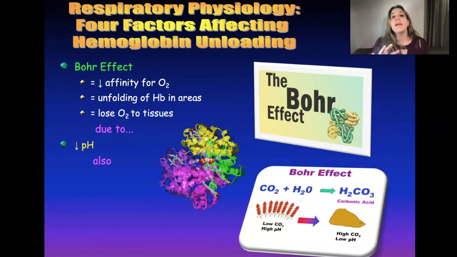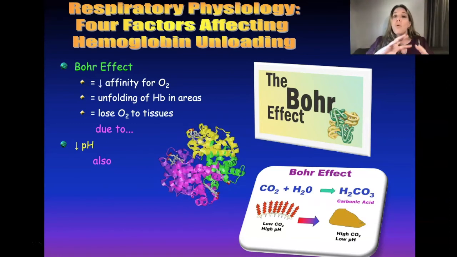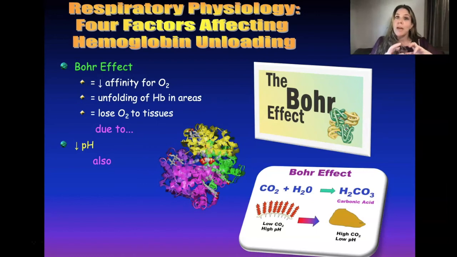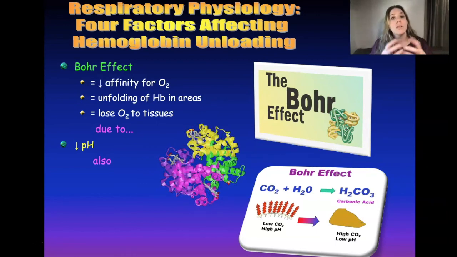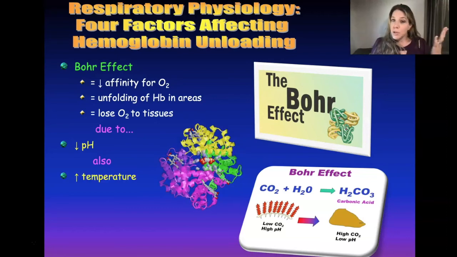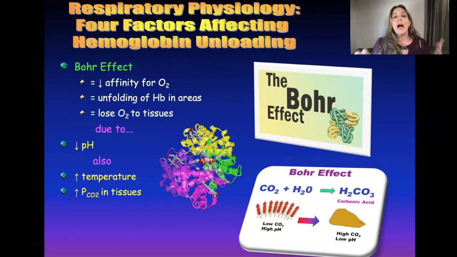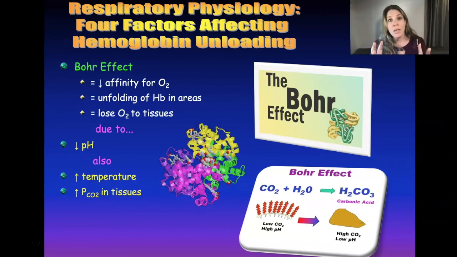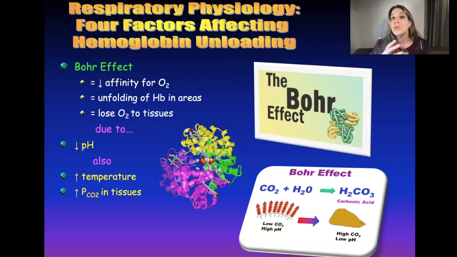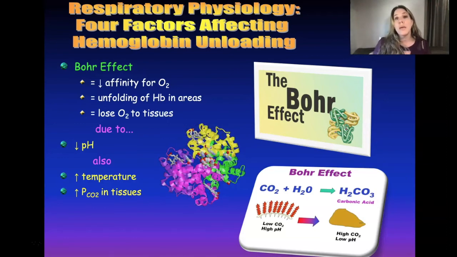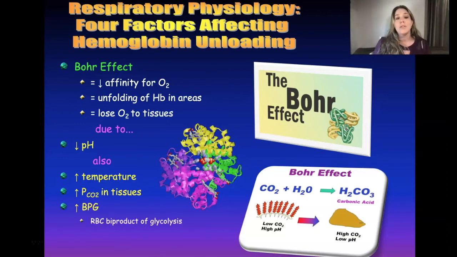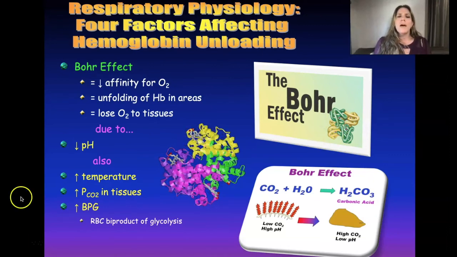The lower the pH, the more acidic the pH, the more conformational change of shape of that hemoglobin you're going to have, and therefore it's going to start giving up its oxygen. But high temperatures, just like with any protein, cause more unfolding. And if we have high carbon dioxide pressure in the tissues, that's also going to affect the ability of hemoglobin to retain its oxygen.